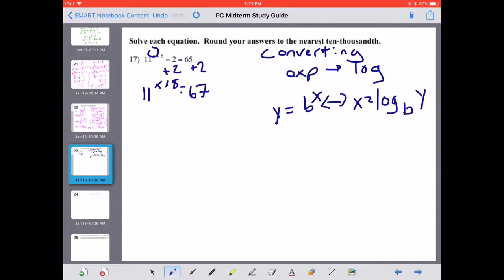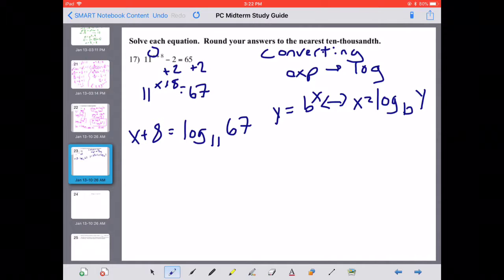So in our example here, our base is 11, our exponent x is actually x plus 8, and then our y is 67. So when we write this, we get x plus 8 equals log base 11 of 67.